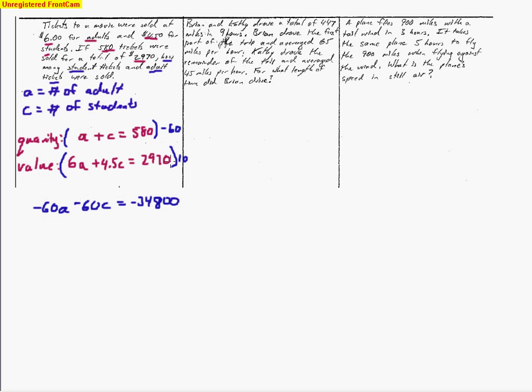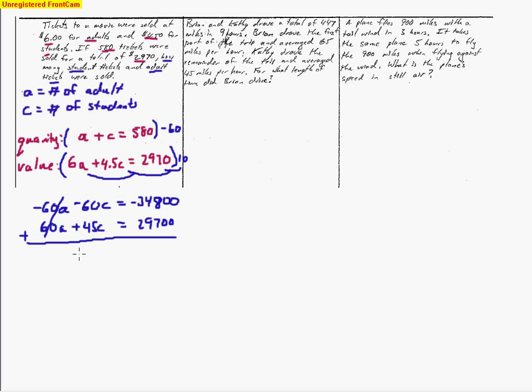And then over for the value equation, when I multiply the 10 by each of these terms, I end up moving that decimal over. So it becomes 60A plus 45C, so now I don't have to deal with the decimal, equals 29,700. I go ahead and add these together, and you'll see how the A's cancel.